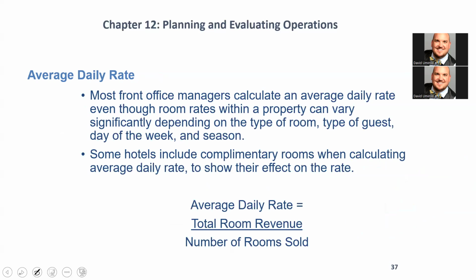So occupancy is the first one. The next one is average daily rate, or what we call ADR for short. Our average daily rate is how much room revenue we sold divided by the number of rooms we actually sold that night.